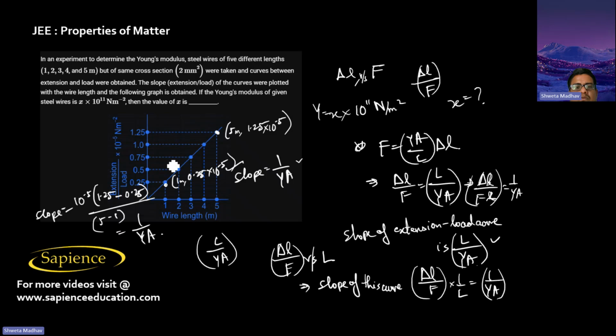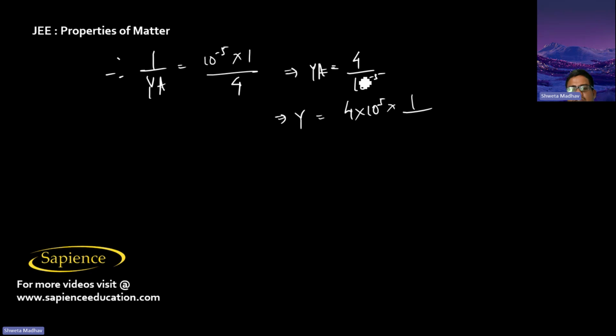Therefore, we can say 1 by YA that is equal to 10 power minus 5 into 1.25 minus 0.25 is 1 divided by 4. So therefore, YA that is equal to 4 by 10 power minus 5. It means Y that is equal to 4 into 10 power 5 into 1 by area of cross section.